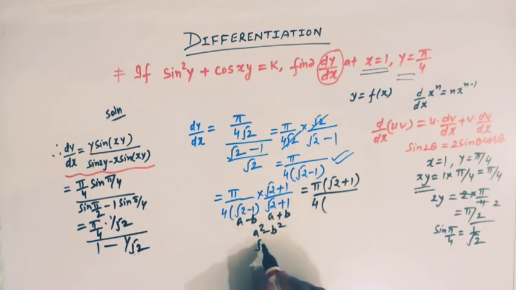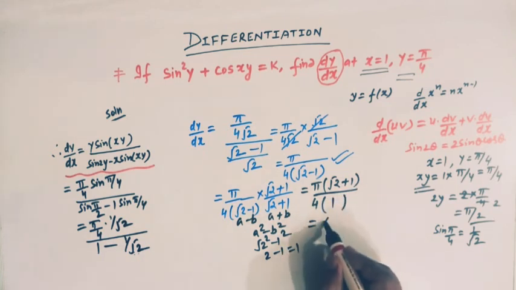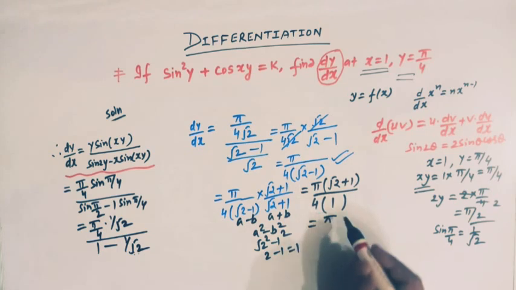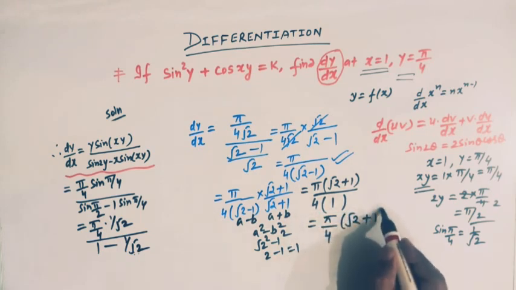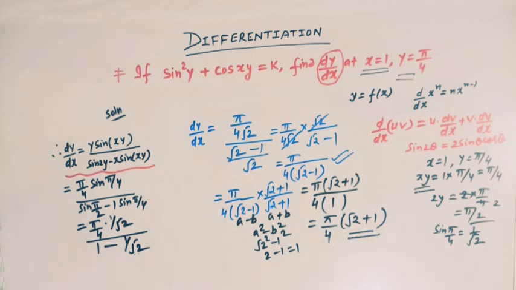So here we have root 2 squared minus 1 squared, that is 2 minus 1, that is 1. So here we have 1, right? So we can finally write this expression as pi by 4 times square root of 2 plus 1. So this is the final result.